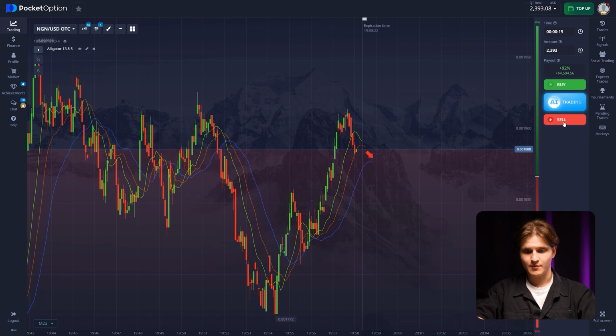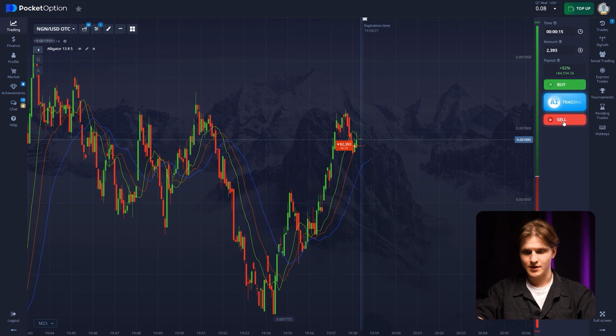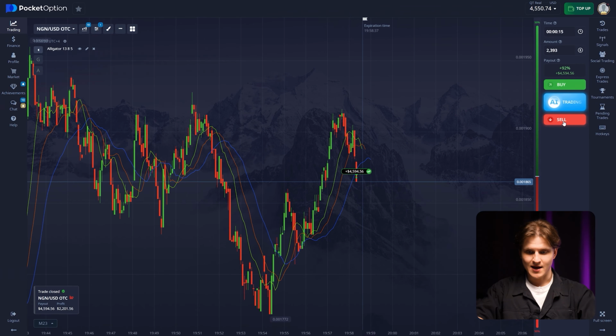Here we see the beginning of a downward momentum on the alligator indicator. So I'm also opening a position down and waiting for the expiry time. Yes, it's a pretty risky trade. So the first direction of movement about the reversal, signaled right here by the alligator indicator.